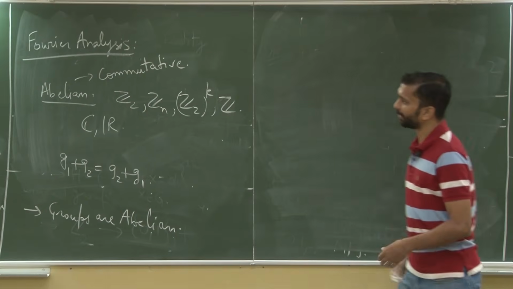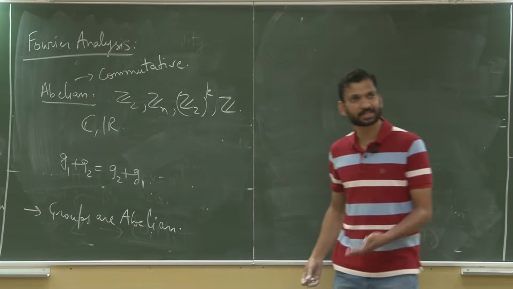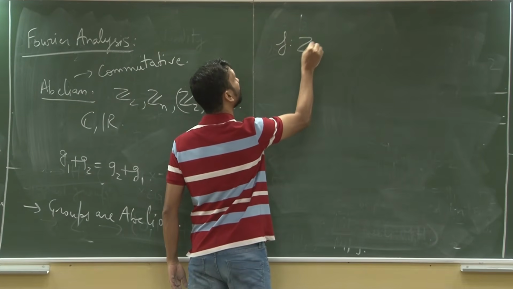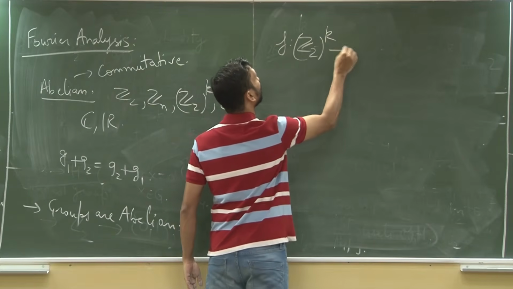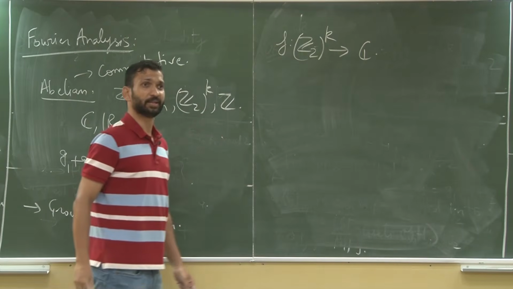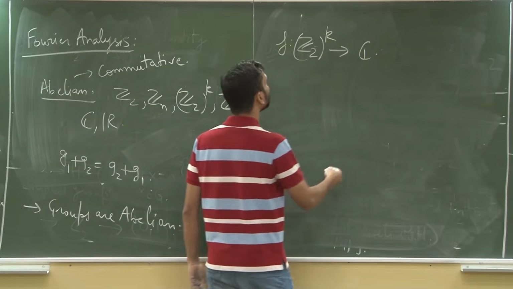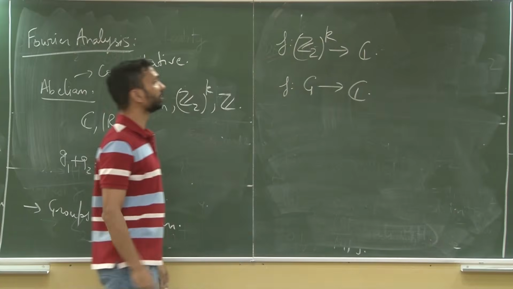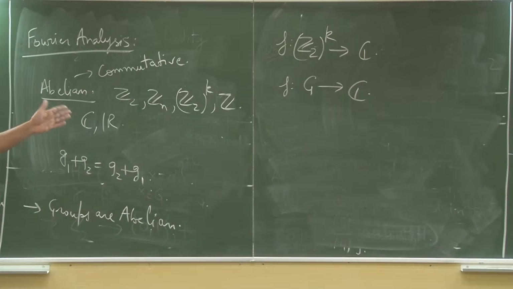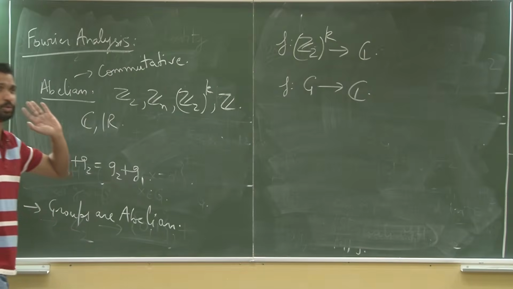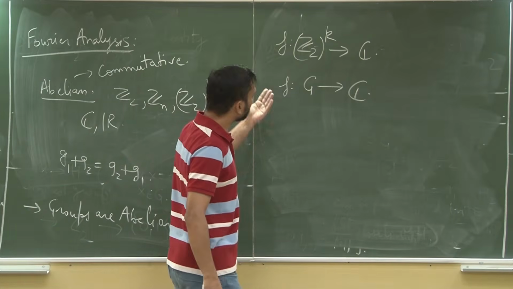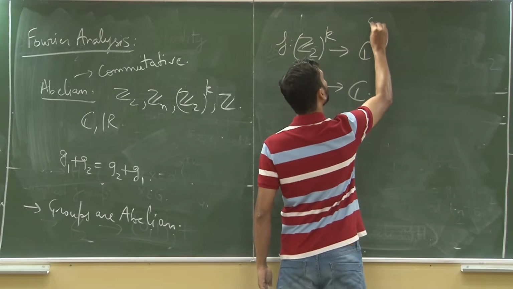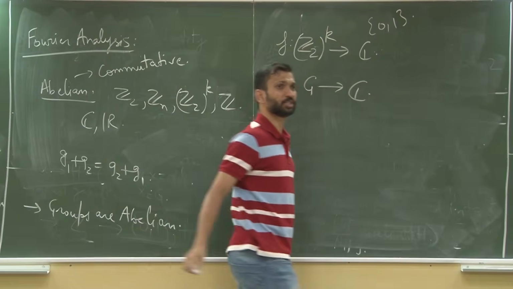By taking the example of Bernstein-Vazirani and Simon's, we saw that we want to analyze functions of this kind. Or to be precise, in general, we are interested in analyzing functions which go from a group to some numbers. For Bernstein-Vazirani, here we had 0, 1.